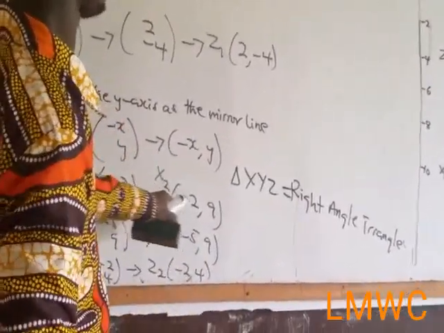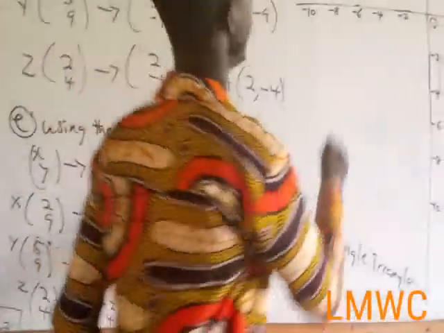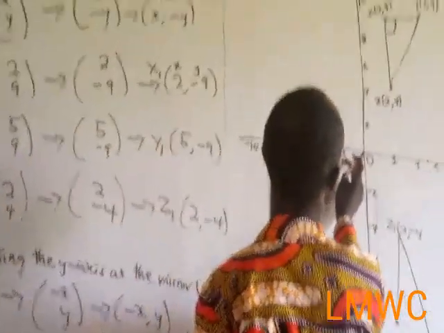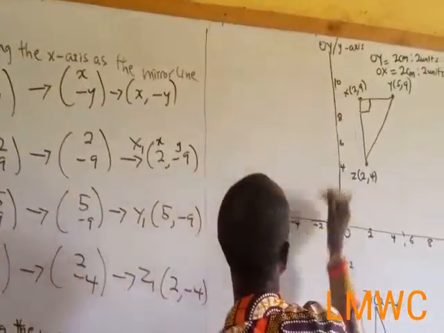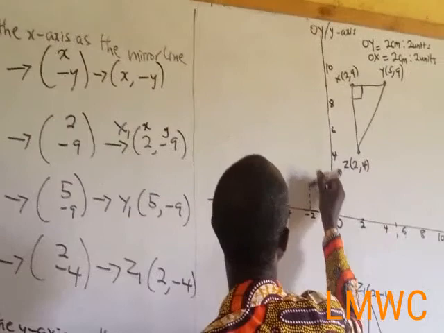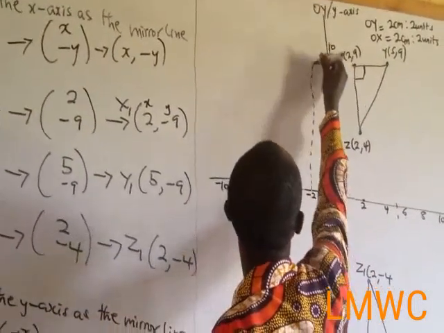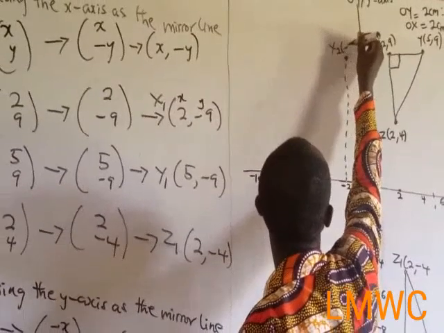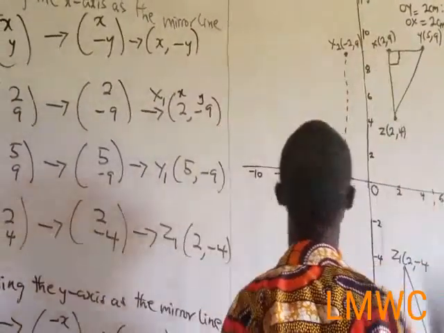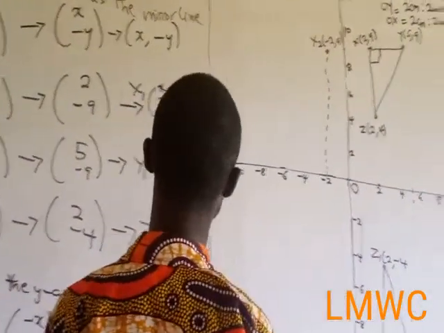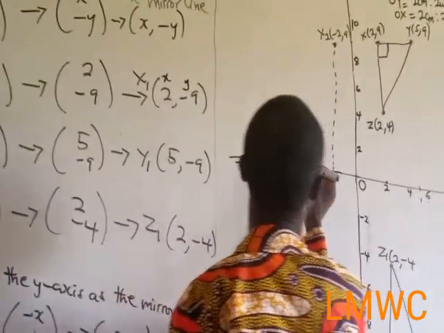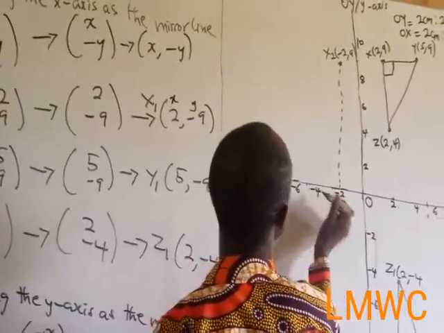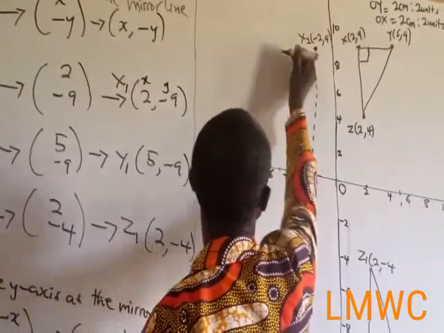So let's plot x2, y2, and z2. We have x2 as negative 2, 9. So x2, negative 2 and 9. So we have negative 2 on the x-axis and 9 on the y-axis. So x2 is negative 2, 9. We have y2 as negative 5, 9. So we have negative 5 here in between negative 4 and negative 6.